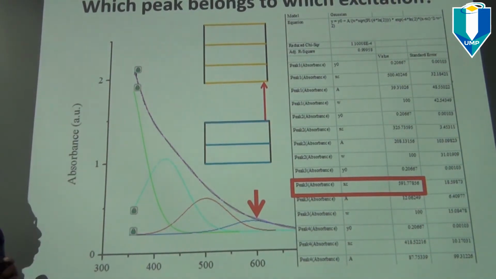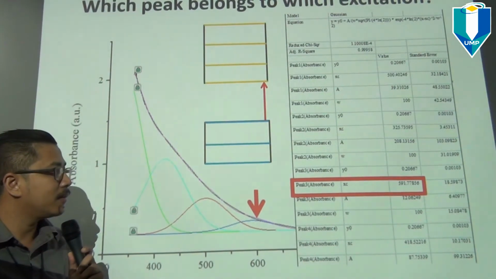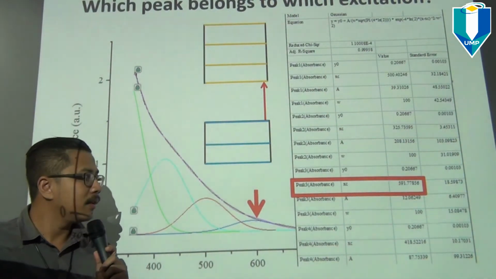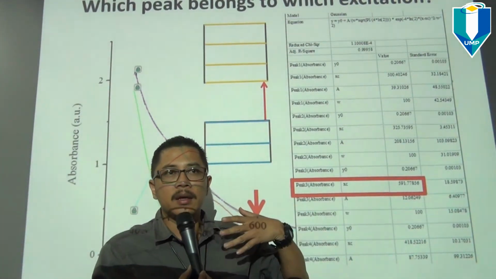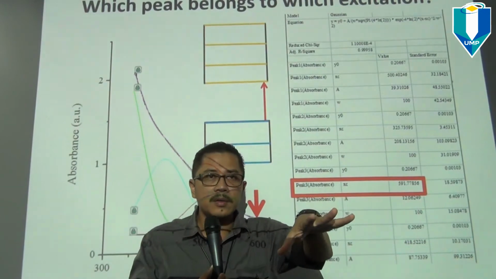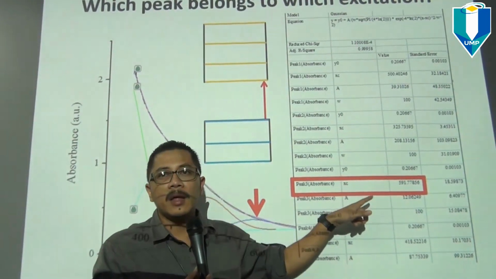Choose the XC with the longest wavelength and let me know the value. 591 point? Nearly similar to mine. How about yours? 591.78864. Yes, nearly similar to mine. So for the first peak, we have concluded that my fitting and yours are nearly similar, 591.7 something. So that peak is acceptable.